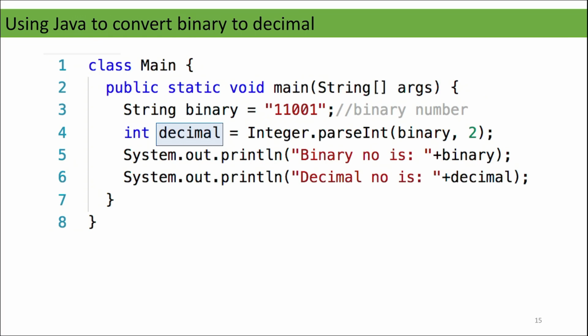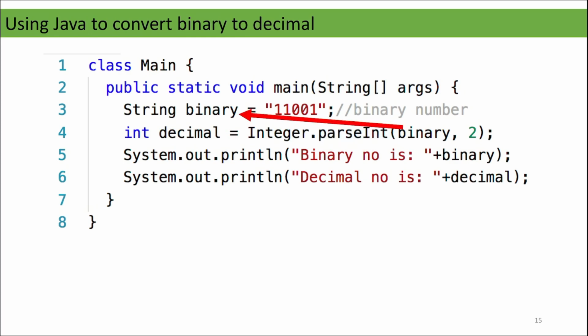The next line has a new variable, decimal, and that variable is using an object called Integer and a special function called parseInt, meaning process int. There is also parseFloat, parseByte, parseDouble, all of them are there, but because here decimal is int, we're going to use parseInt.